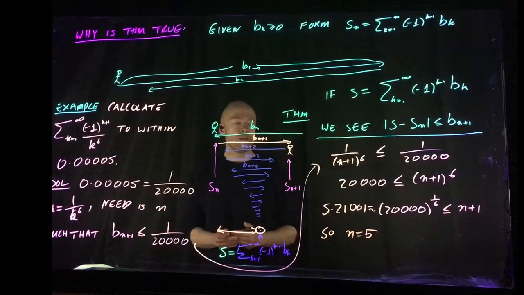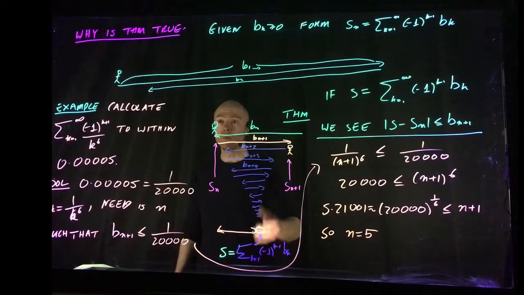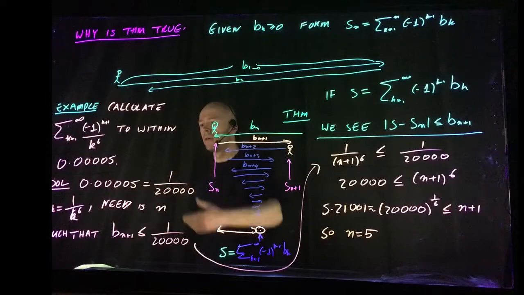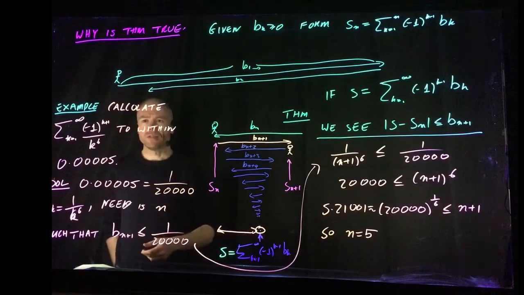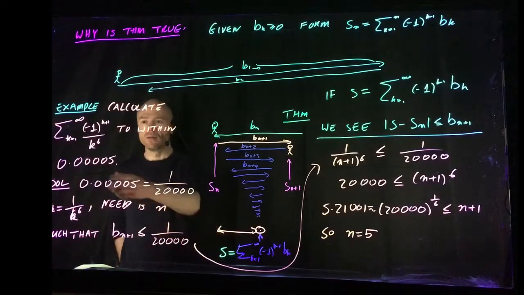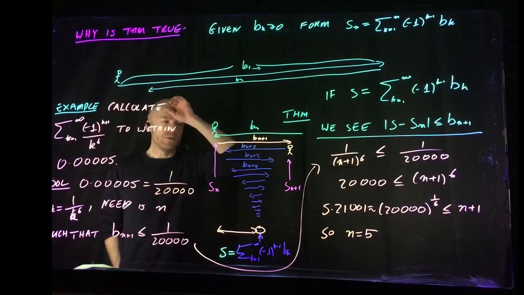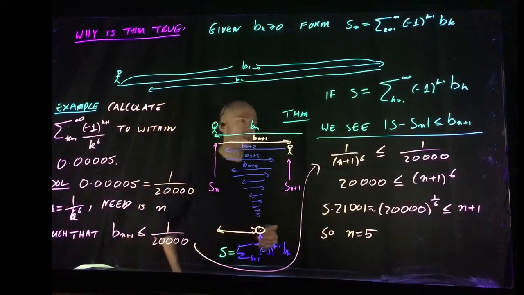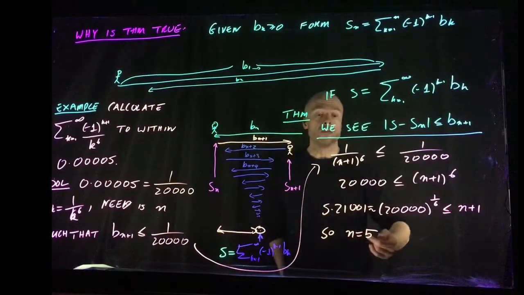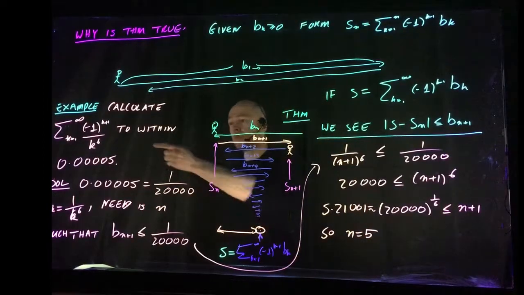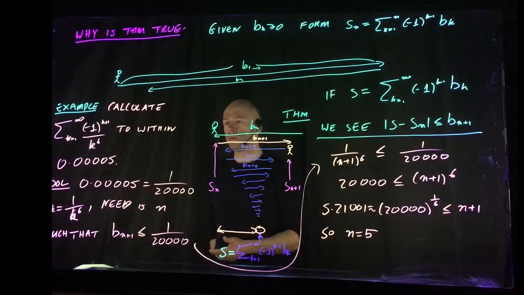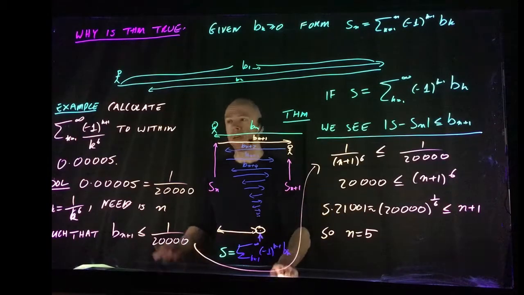Now obviously if we had n is 6 it would also be true, but the point of these questions whenever it says calculate some quantity like this to within this error, it doesn't want you to do more work than you actually have to do. So once you calculate n is 5, then what would you do? You would just add up the first 5 terms of this, which I'm not actually going to do, but we could actually do it.